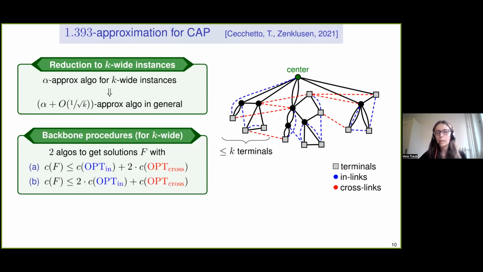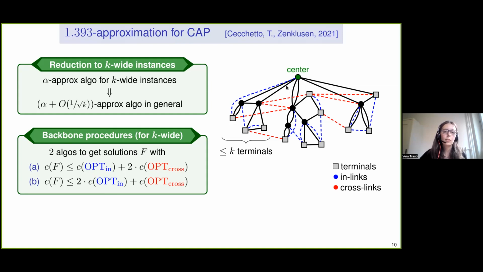And then in the second step, we give two algorithms, which we call the backbone procedures, for these k-wide instances. The approximation guarantees of these algorithms depend on the types of links that appear in an optimum solution. What do I mean by this? We partition the links into 2 groups.